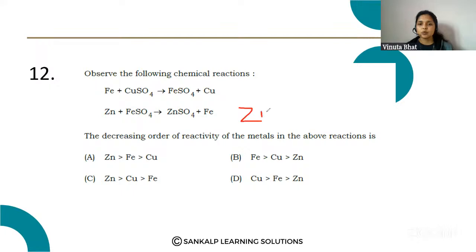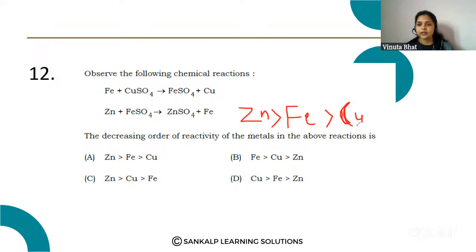Zinc has more reactivity than iron, and copper has less reactivity than iron.